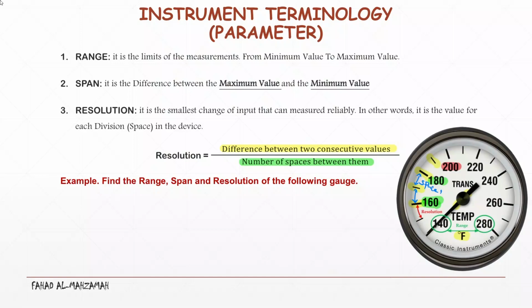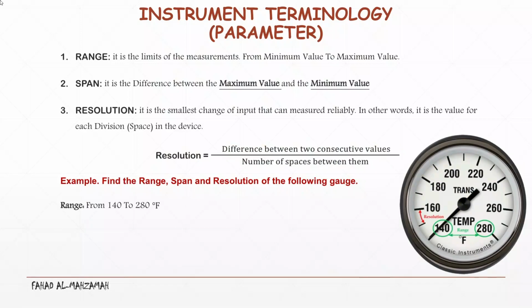I think it's very easy, but most of the students get confused. You just need to focus and answer with complete concentration. Do not be in a hurry. So the range, we can say, is from the minimum to maximum with the units, from 140 to 280 degrees Fahrenheit.